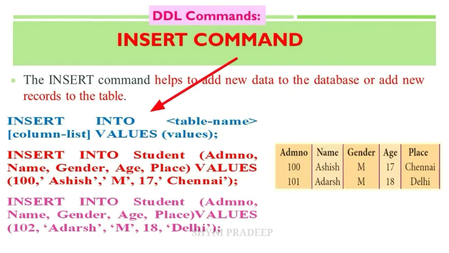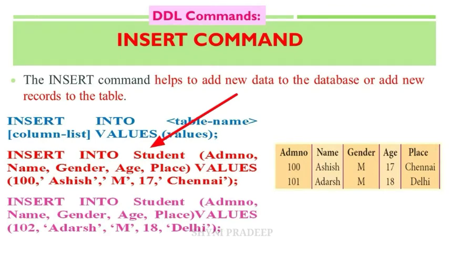This is the syntax of the insert command. Insert into, next you have to write the table name, next write the column list, then values, and write the values in parentheses. Now you are going to add new data. See here, insert into student. Student is the table name.